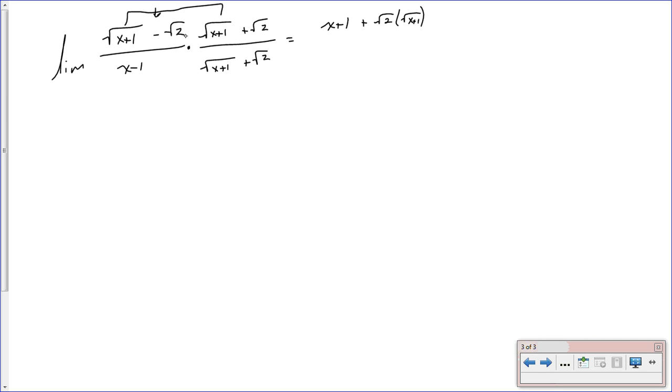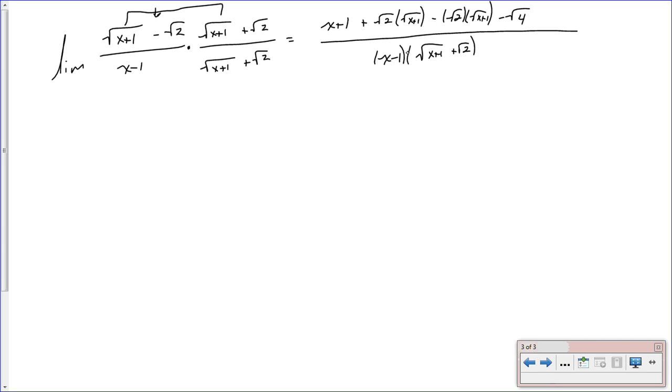And then now negative the square root of 2 times the square root of x plus 1. And then negative square root of 2 times the square root of 2 is negative square root of 4. Alright, over x minus 1 times the square root of x plus 1 plus the square root of 2.